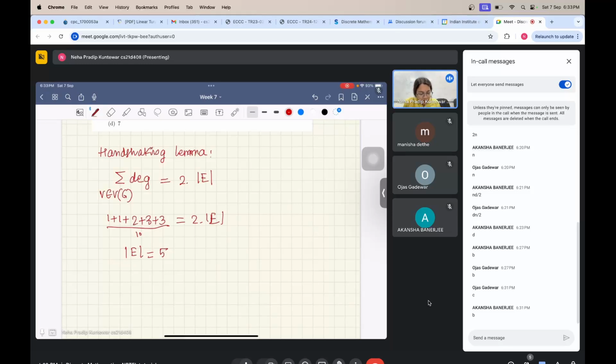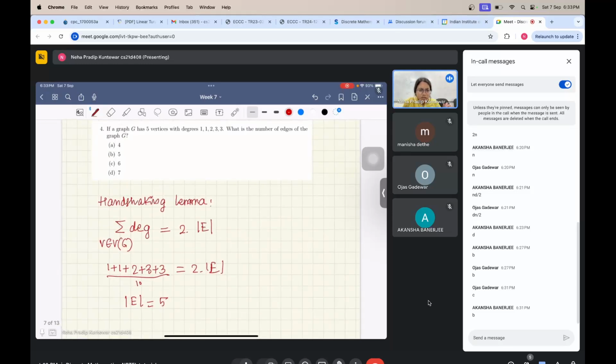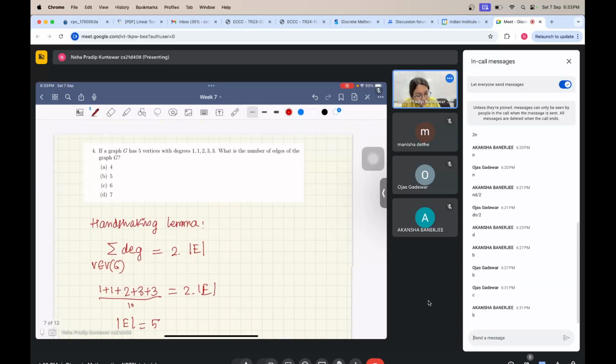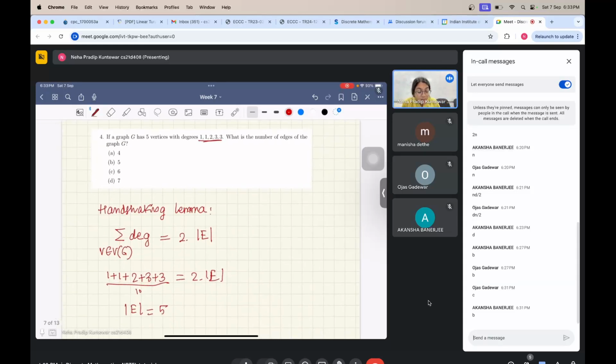So, did anybody try to draw a graph which satisfies these degree constraints? I had constructed one at some point of time, but let me see if we can do it again.